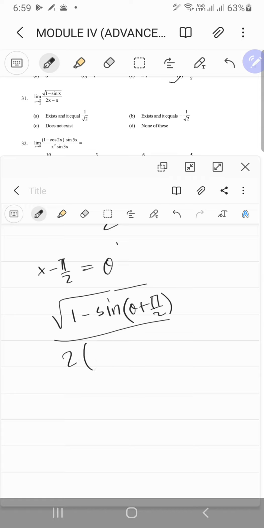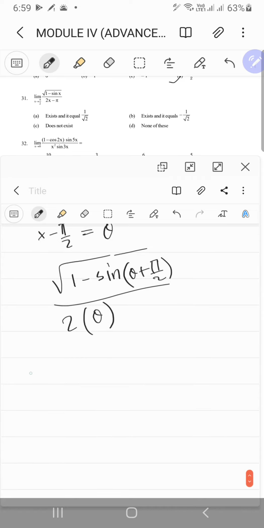Which is 1 minus sine of theta plus pi upon 2. Yeah, that's like cosine theta, isn't it? Yeah, I think that is correct. Yes, that's definitely correct.